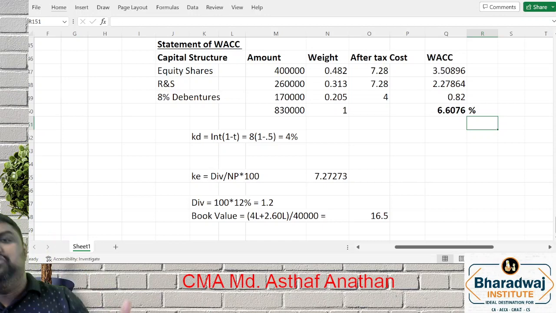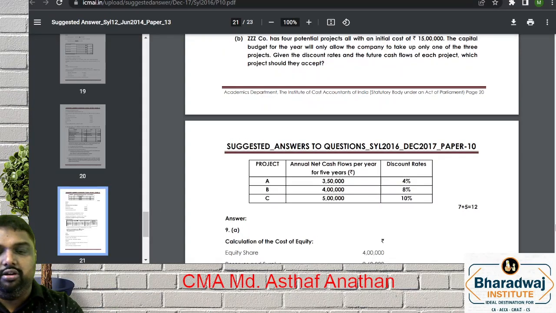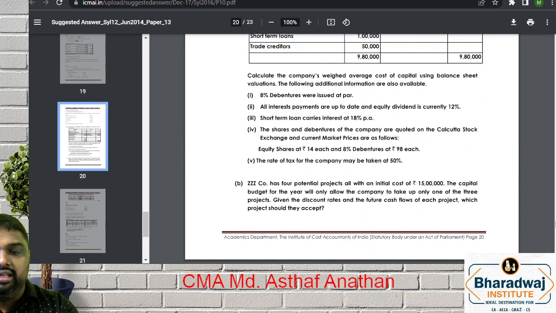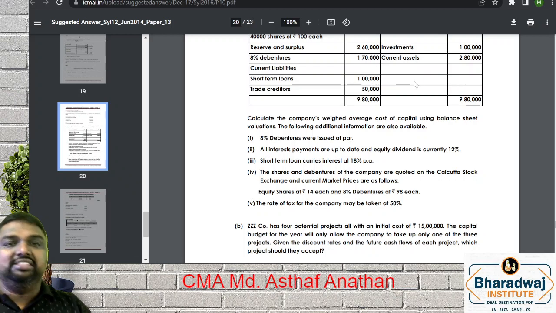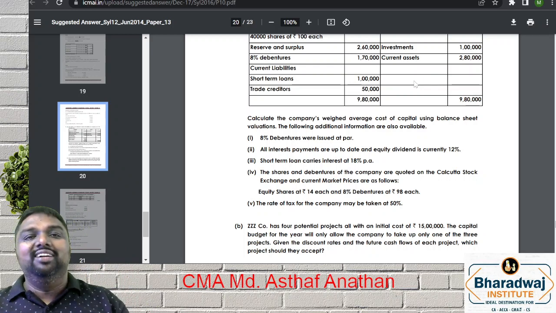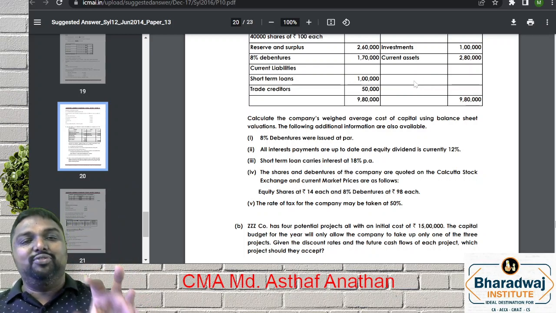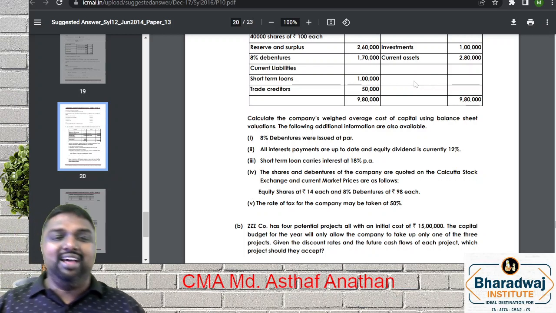Maybe for confusion only they have given all the other data. If you see the question, they have given a lot of data like short-term debt, this market price, investment, current asset, all are given for confusion. We have to focus only on what data is required for your cost of capital computation. Other data we don't want to mind. We can ignore the same.